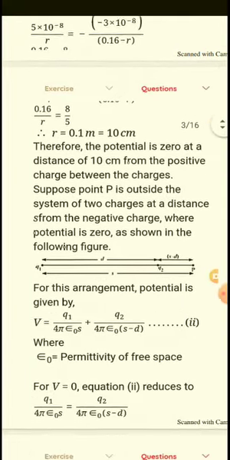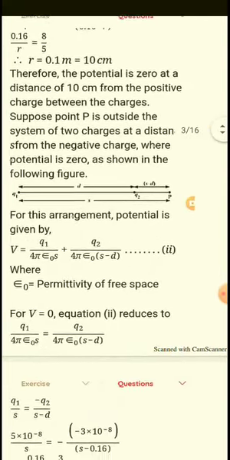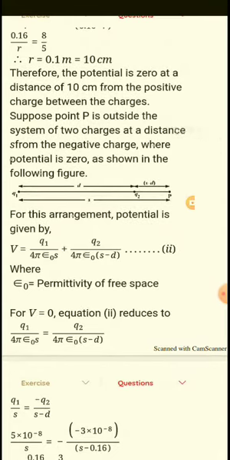Therefore the potential is 0 at a distance of 10 centimeters from the positive charge, between the charges.